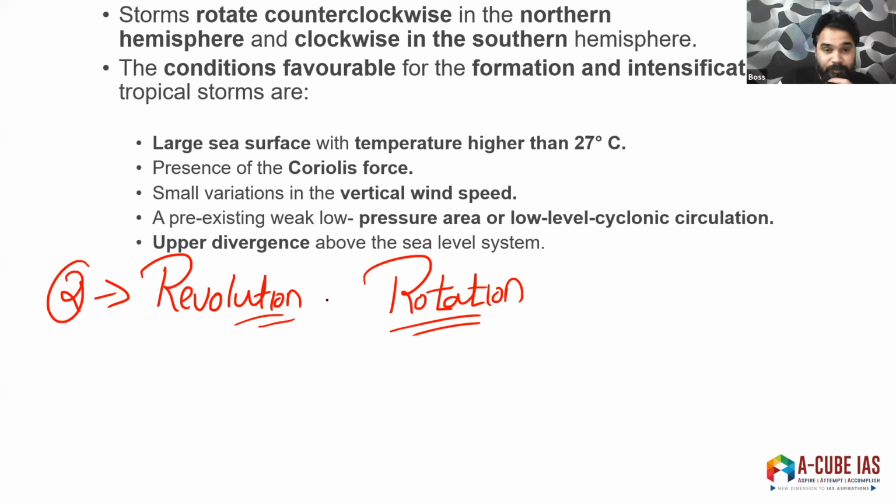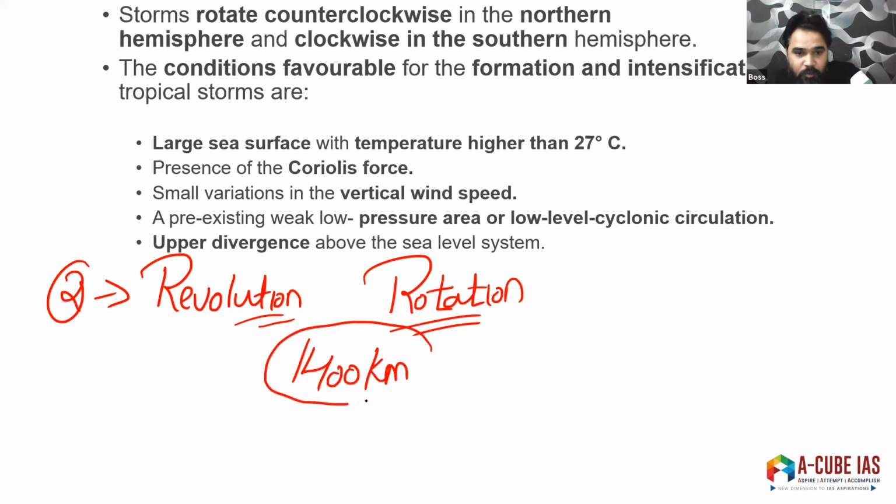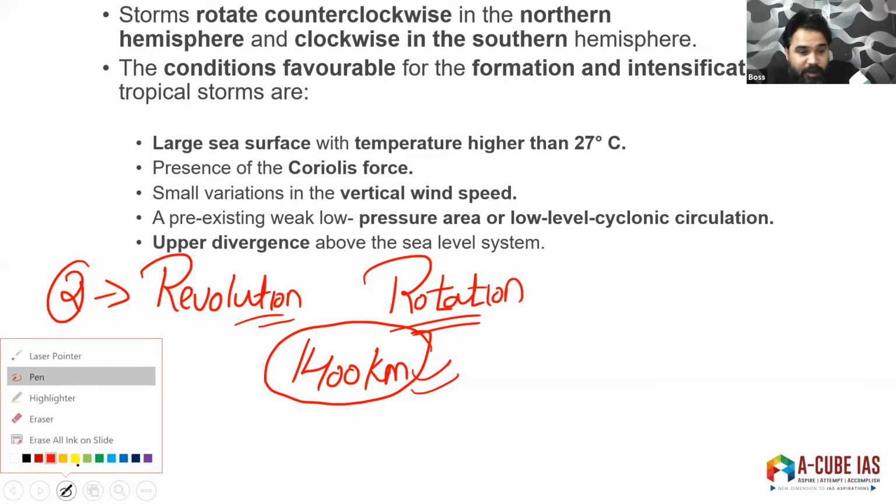But when this rotation is taking place, Earth is constantly rotating, and that speed is around 1400 kilometers an hour. Just imagine, this is the speed that I'm talking about. So now you can get the idea.